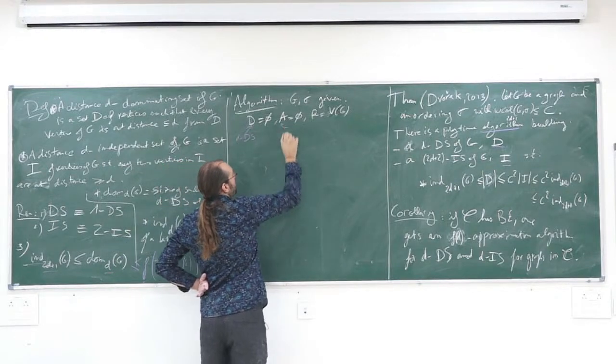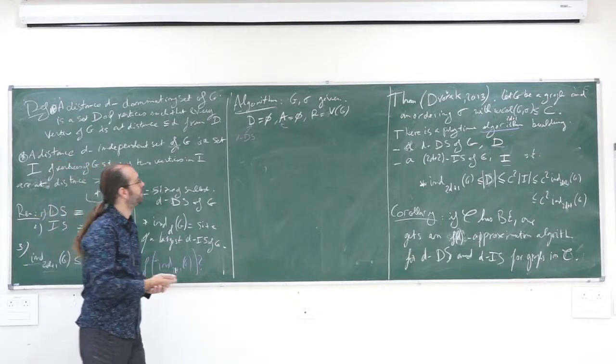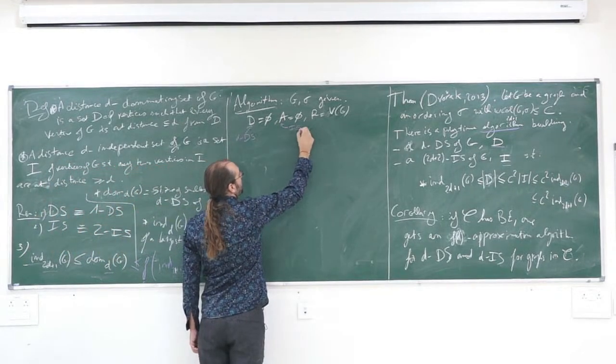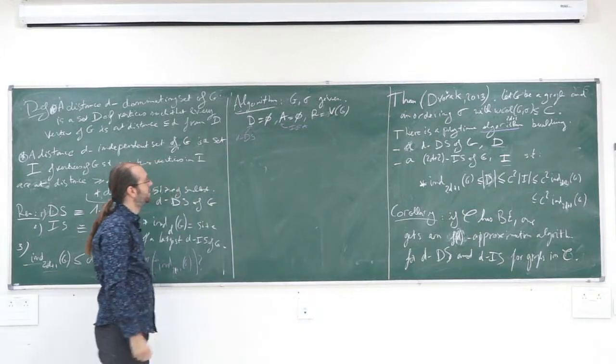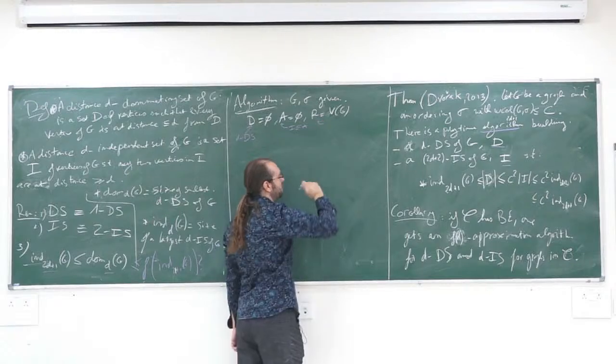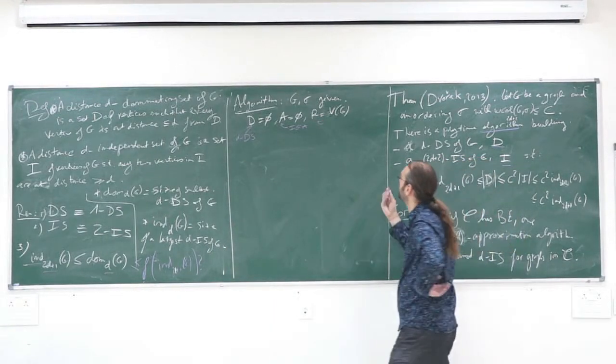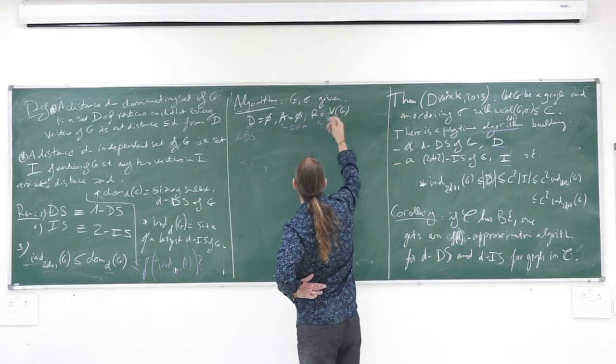This A will not be I, it will be a candidate set where we'll find I inside that. And R is just a working set with the currently undominated vertices. We'll stop when this reaches the empty set.